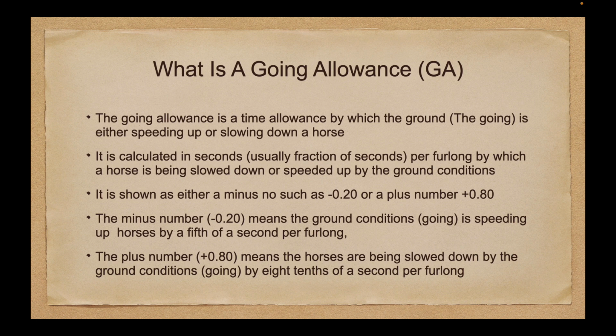But more about that later. The plus number, in this case plus 0.80 seconds, means the horse or horses are being slowed down by ground conditions by 0.8 of a second per furlong, which is over 4 lengths per furlong.